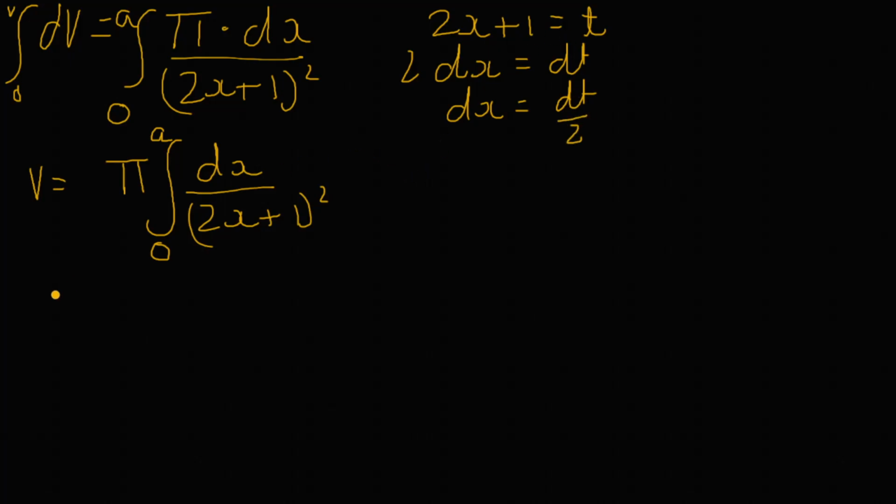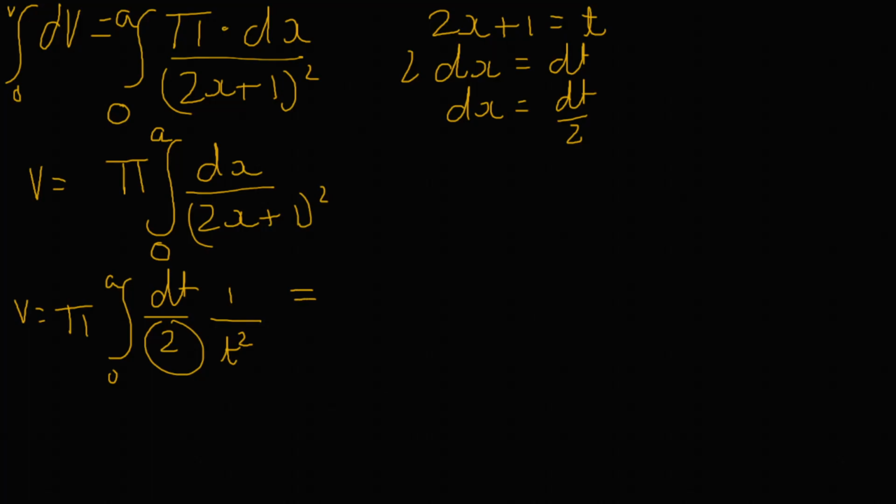Now let us put the values into the integral. So we get V equal to pi integral, dx is dt by 2, and 2x plus 1 is t, so (2x plus 1) whole square will be t square, into 1 by t square. Let me get the 2 out of the integration.